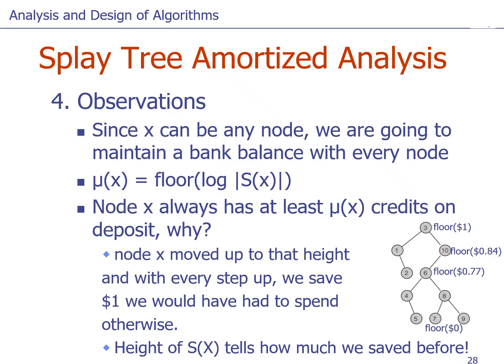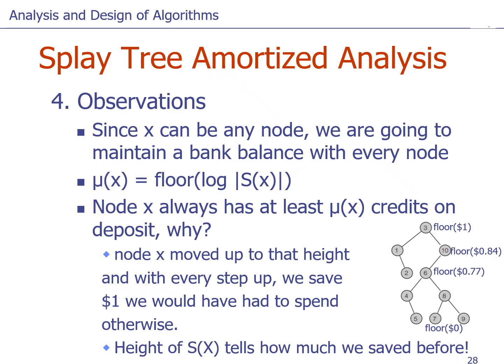The node 6 has climbed up 2 levels from the leaf level. So that actually is a saving for me if I would ever like to splay 6. The node 10 as well has more dollars because it has climbed way up towards the root. So if I like to splay it, I will just move it 1 level up and I will be saving the rest.